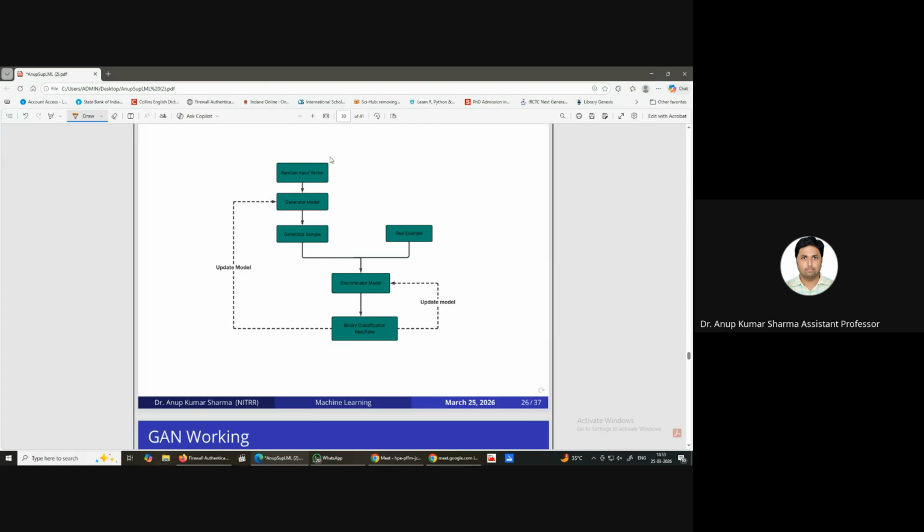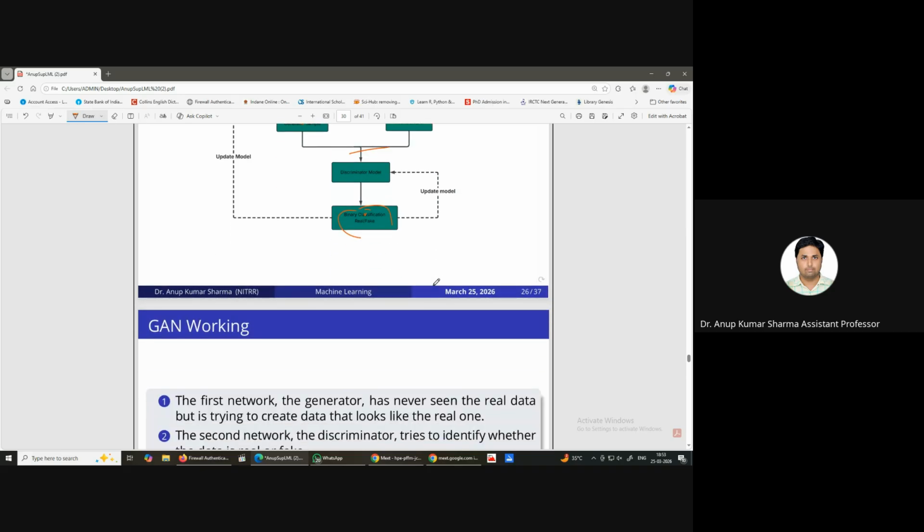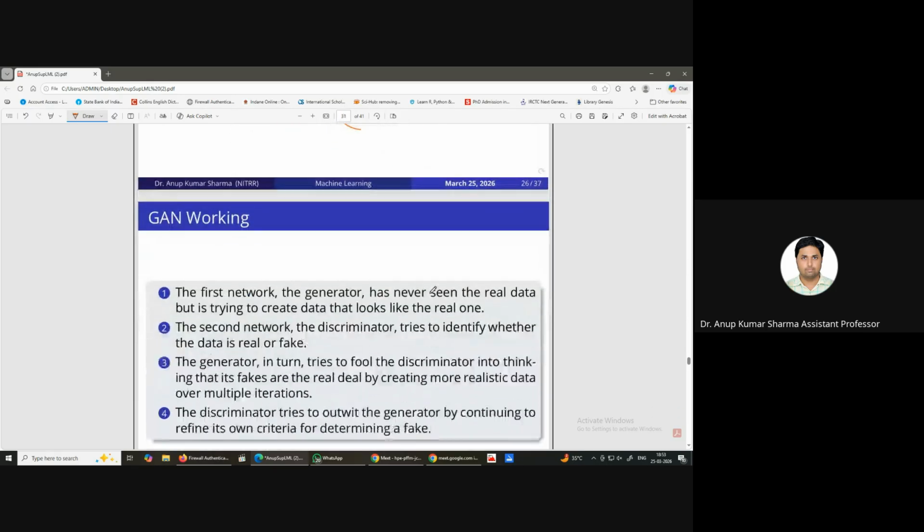The architecture: a random input vector goes to the generator model, then to the binary classification real-or-fake discriminator model. If it is wrong, it goes back, and this repeats again and again, with generated samples compared to real examples. So we have both real and fake data included, and by this process the data increases.